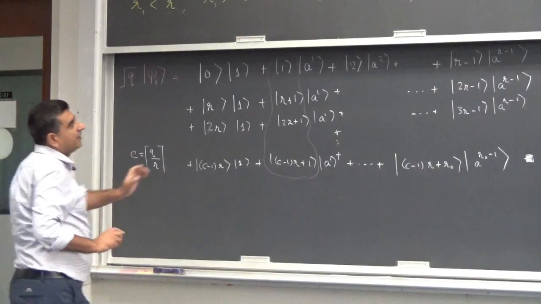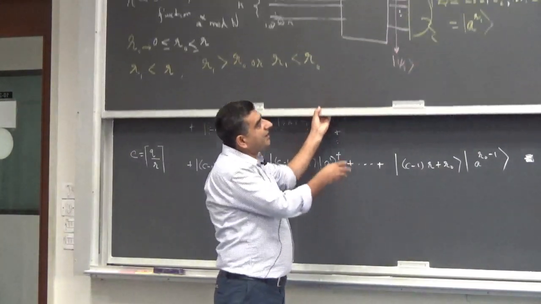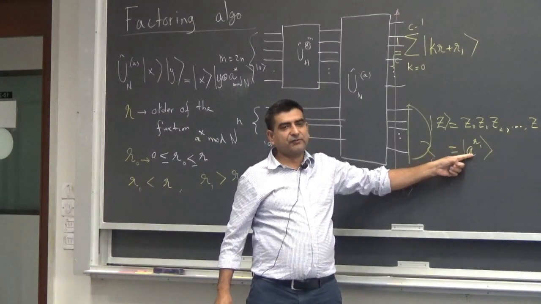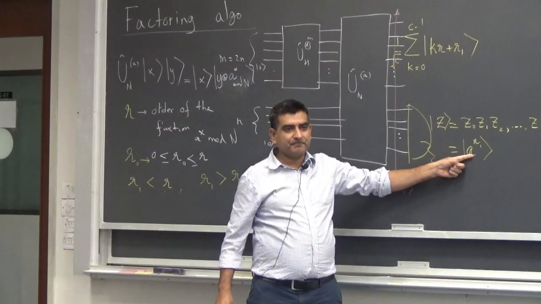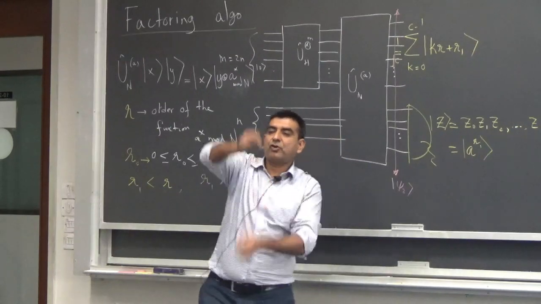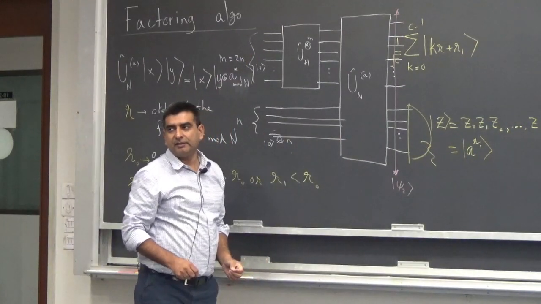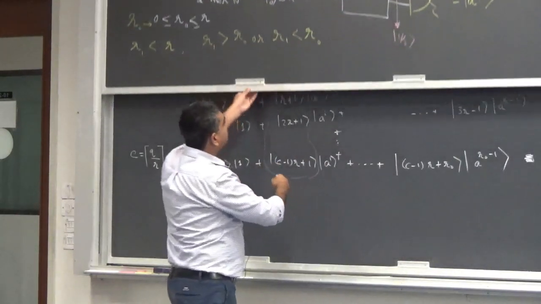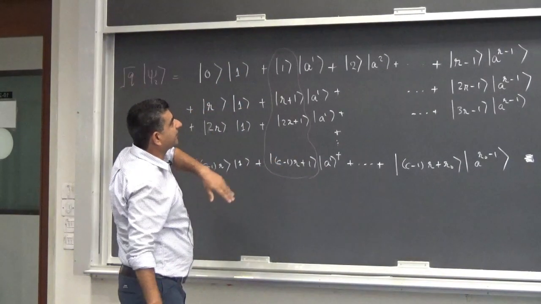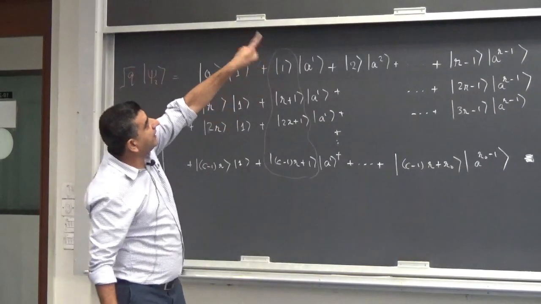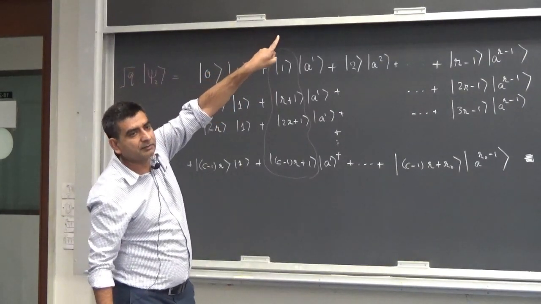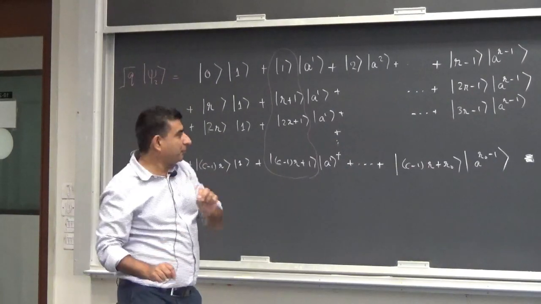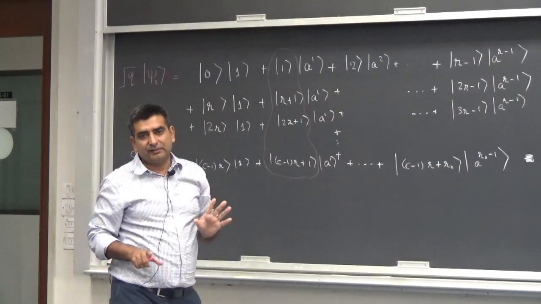In a sense, when you are projecting the second register into one of the exponents of a, you are picking up a particular column in this array, and the corresponding first register states would be of the form kr plus r1, where k goes from 0 all the way up to some c minus 1.